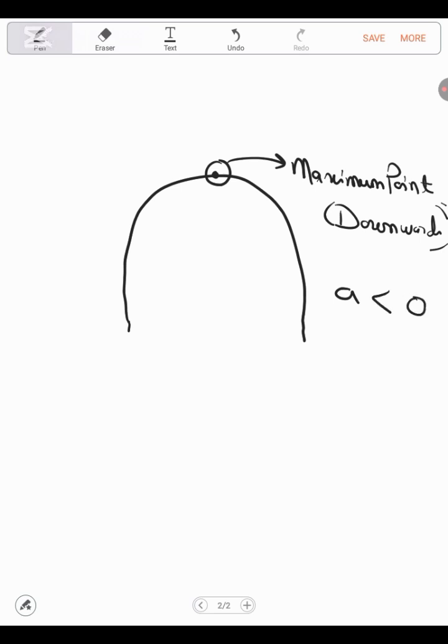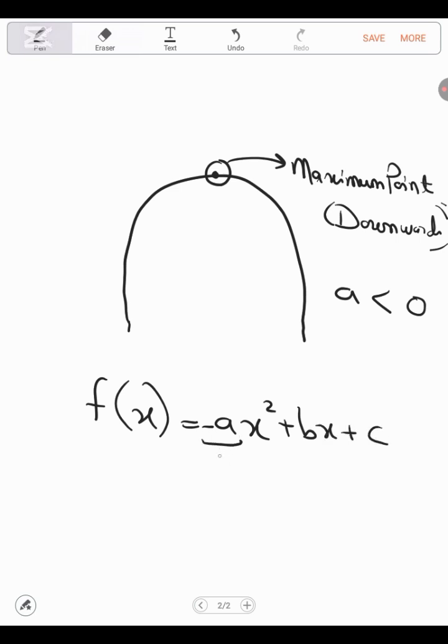Less than 0 means usually it will move towards the negative values. And if you see the function, it's going to be f(x) equals negative ax square plus bx plus c. So over here this negative a means that your value of a will always be less than 0.